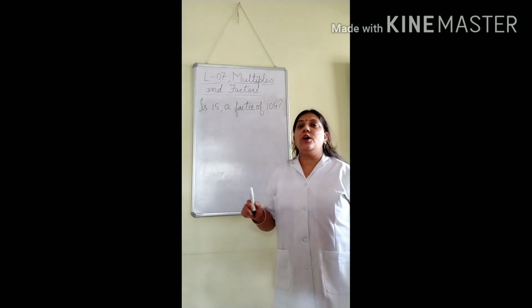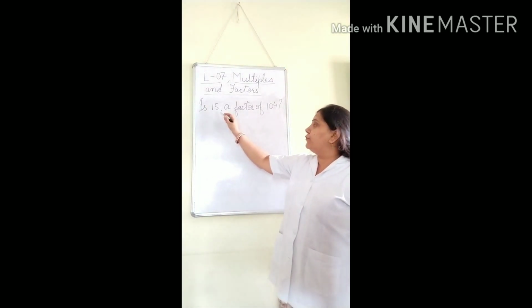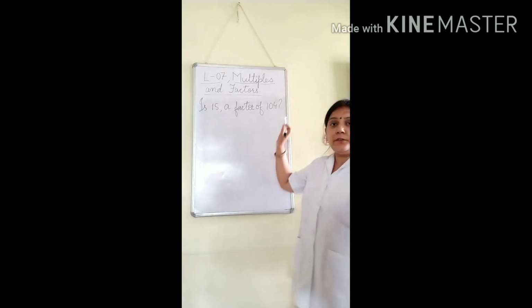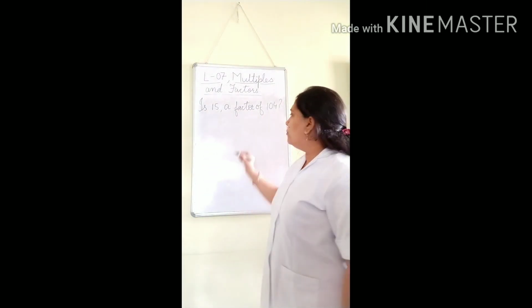Let us perform our second question. Our second question is, is 15 a factor of 104? For this, we divide 104 by 15.